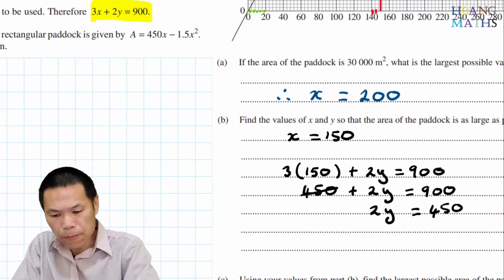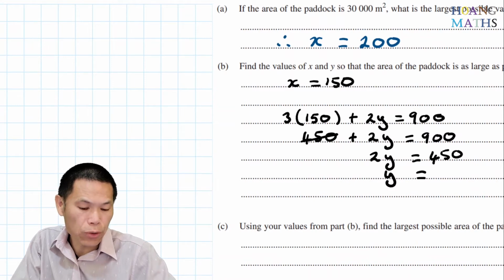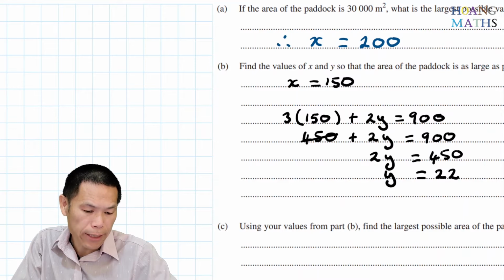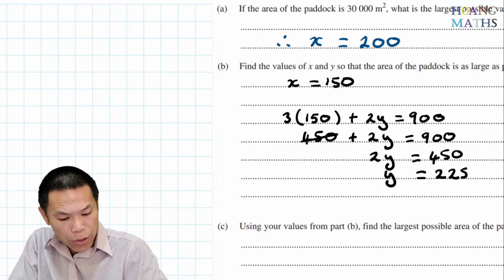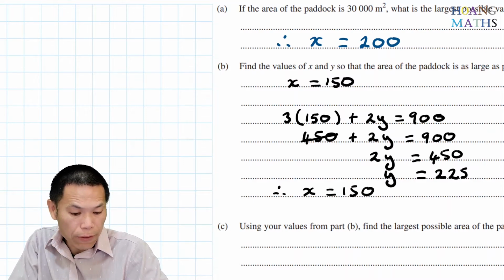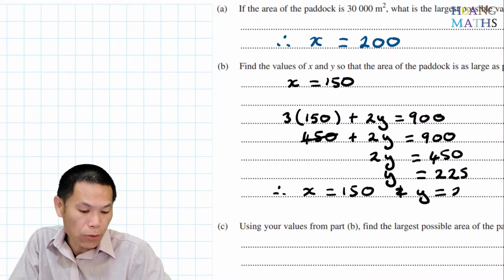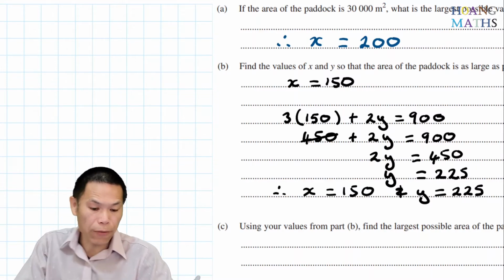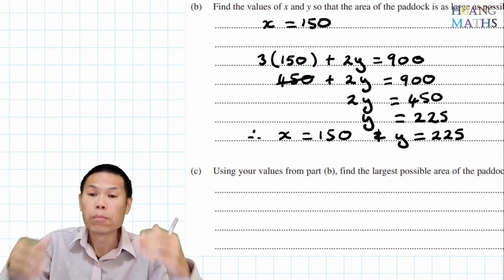So y is equal to 450 divided by 2 is 225. Or you can just quickly use your calculator. So therefore, x is equal to 150 and y is equal to 225. There you go.